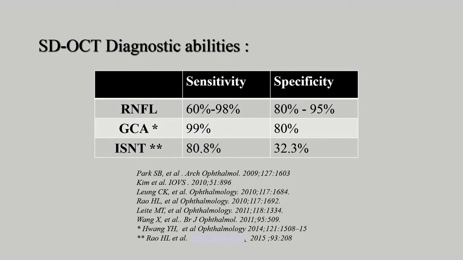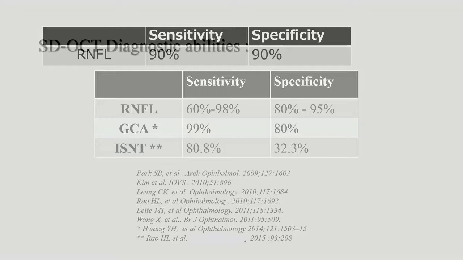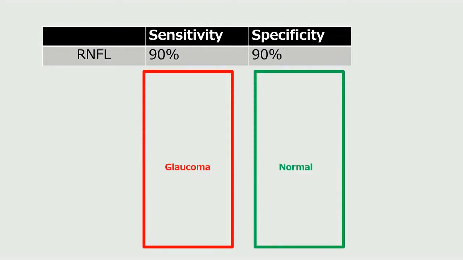Different studies showed the values of different parameters of OCT for the diagnosis of glaucoma with different sensitivities and specificities. Suppose I told you that the retinal nerve fiber layer in OCT has a sensitivity of 90 and a specificity of 90. This means that the red group are the group with glaucoma, the green group are the group of normal persons.